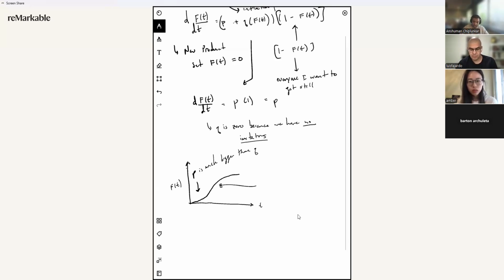So at this point, Q is much bigger than P.